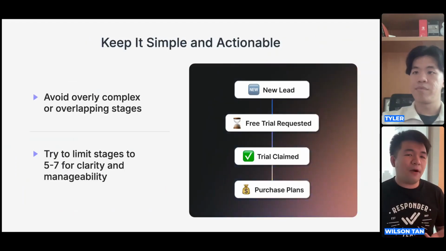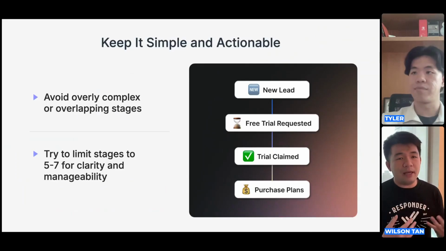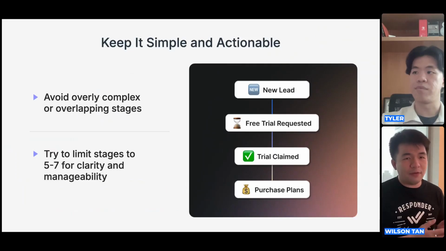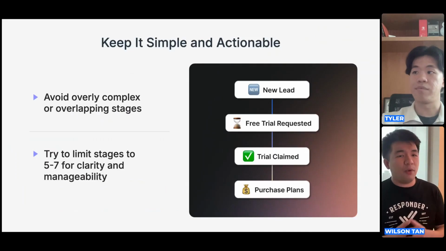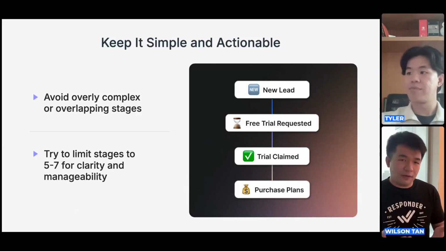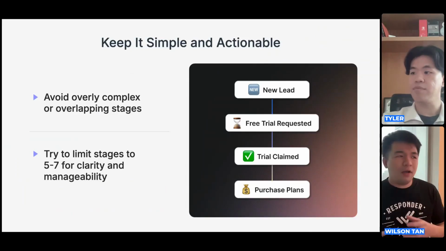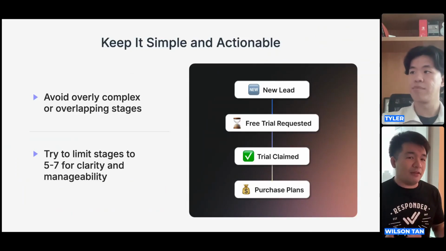And the second part is to keep it very simple. We recommend 5 to 7 stages to start with. When you enable Lifecycle for the first time, we do have some default lifecycles that you can start with, and this is where you can build your lifecycle pipeline. You can take away stages that don't make sense, or create more stages that are relevant to your business, so you can iterate and improve as needed.